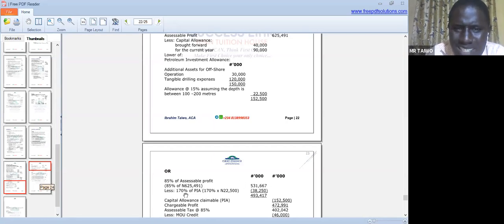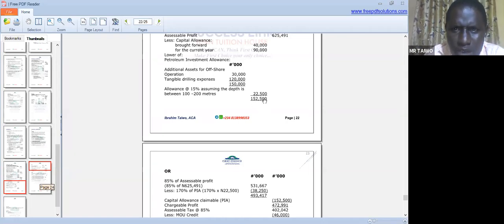You now less 170% of the petroleum investment allowance. And the petroleum investment allowance was 22,500. 1.7 of 22,500 is 38,250. If I remove it from 531,667, it gives 493,417.